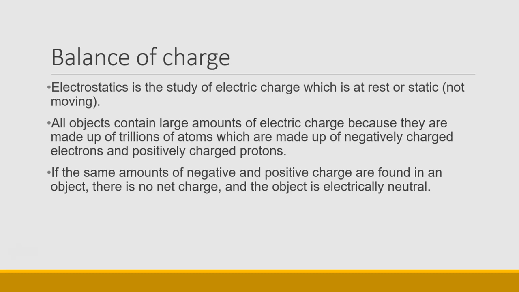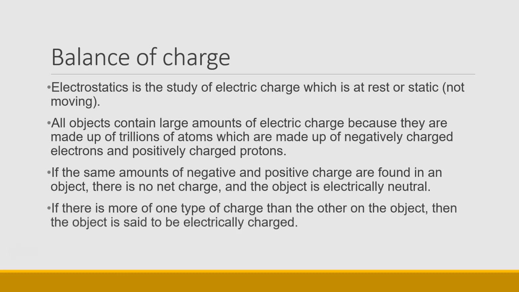If you have the same number of electrons as protons, then the net charge is 0. The object is electrically neutral because one proton cancels out the charge of one electron. If there's more of one type of charge than the other on the object, then the object is said to be electrically charged.